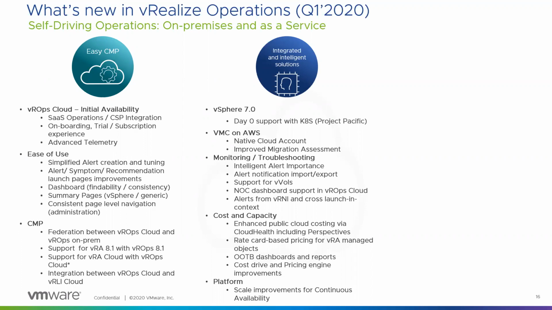Another big use case that the customers use vROPs for is cost and capacity. And as you might have seen in last couple of releases, we integrated with Cloud Health, which is our public cloud offering for managing the pricing and costing, and we integrate it with the Cloud Health to get all of the costing related stuff, whether it's from public cloud or private cloud or hybrid cloud, so that you can take a better data-based decision, right?